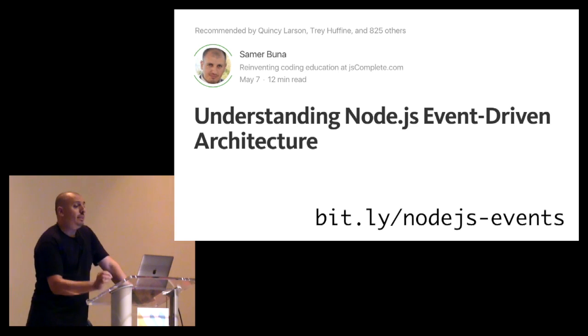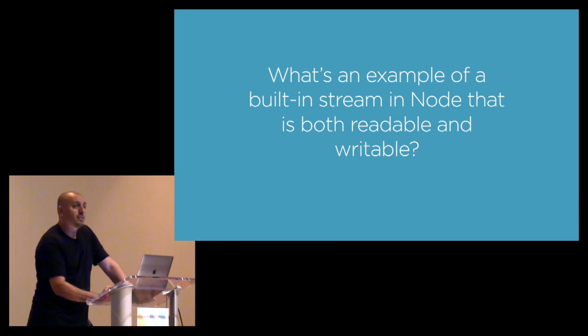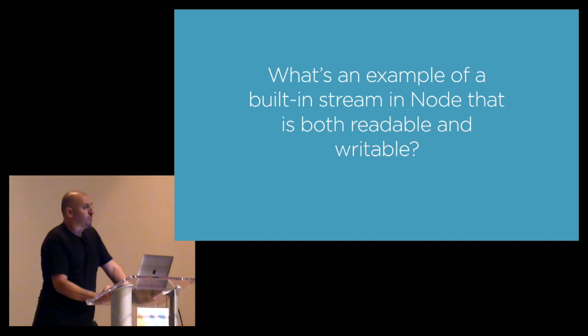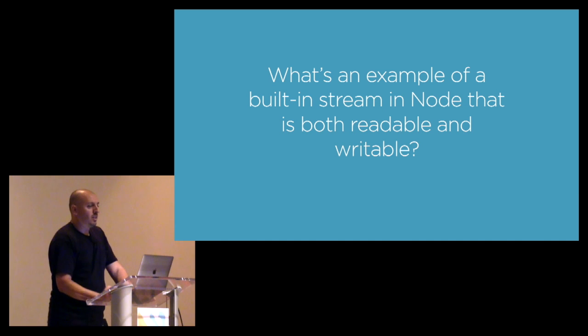What's an example of a built-in stream in Node that is both readable and writable? Maybe an earlier question is, what is a stream? Terminal. Readable and writable. Terminal? Socket, you mean socket? TTY. Yeah, totally.